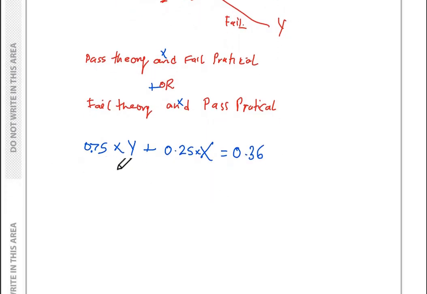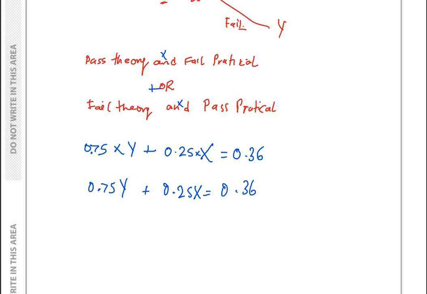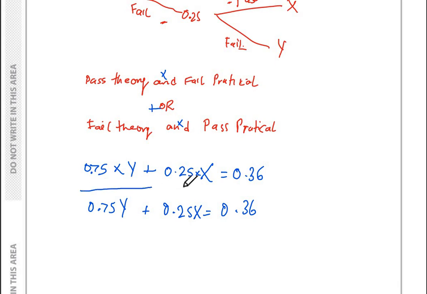Alright, so we could omit the multiplication sign just to make the equation look a bit neater. So we can say 0.75y plus 0.25x equals 0.36. Alright, so this is the equation that is really given to us in the question.